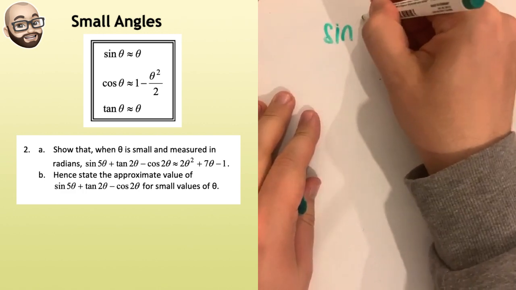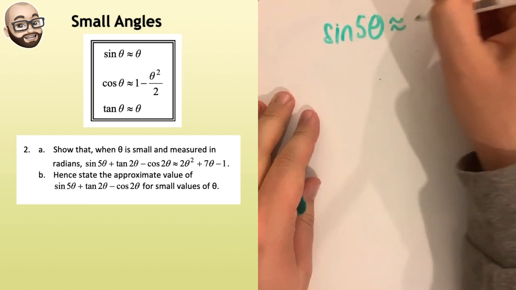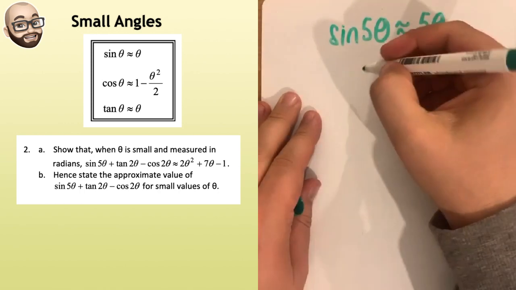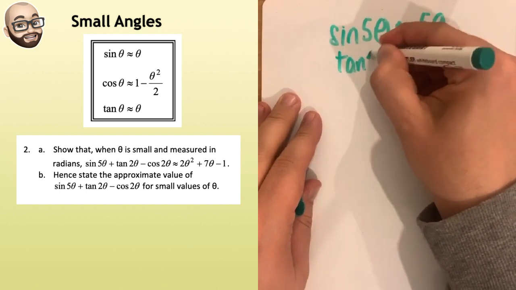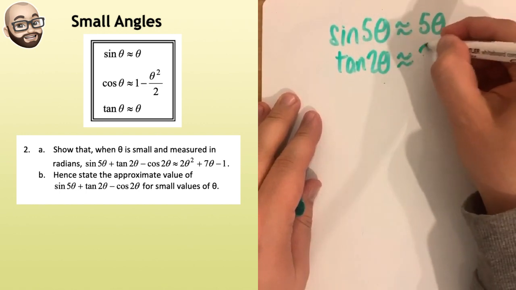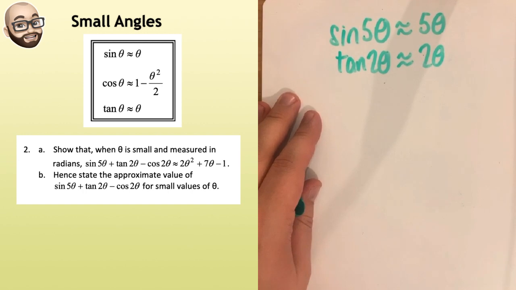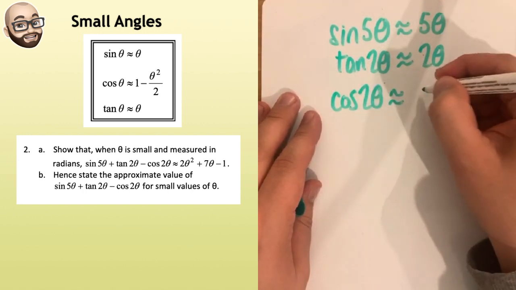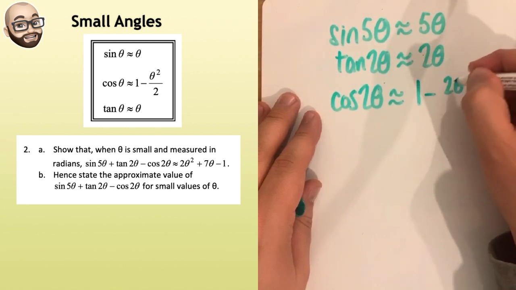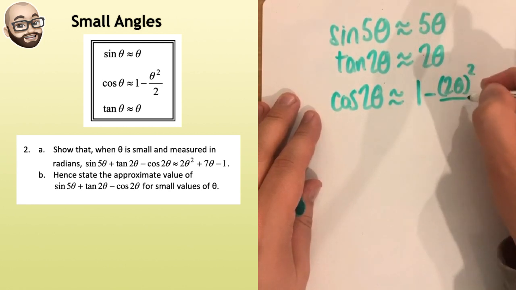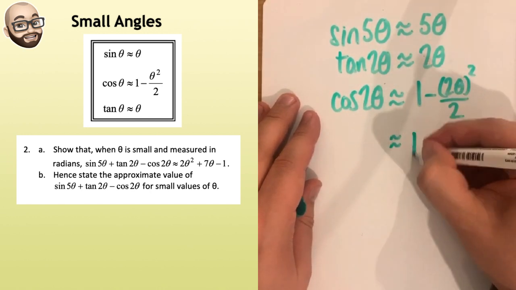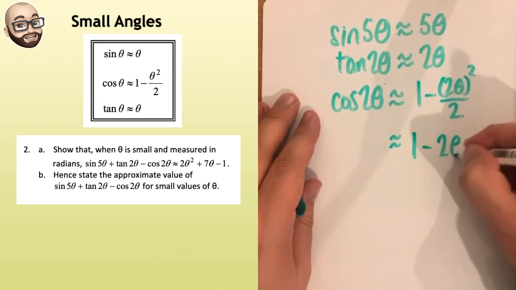So we've got sine 5 thetas, so that's going to be 5 theta. We've got tan 2 theta, that's going to be 2 theta. And then we've got cos 2 theta, which is going to be the same as 1 minus 2 thetas squared over 2. Well, 2 theta squared is 4 theta squared, divided by 2 means what we're going to have is 1 minus 2 theta squared.